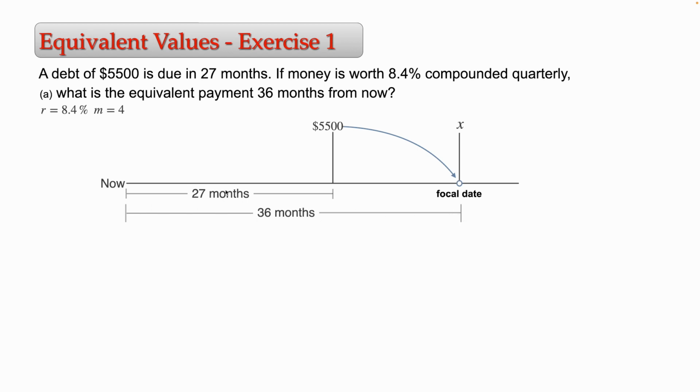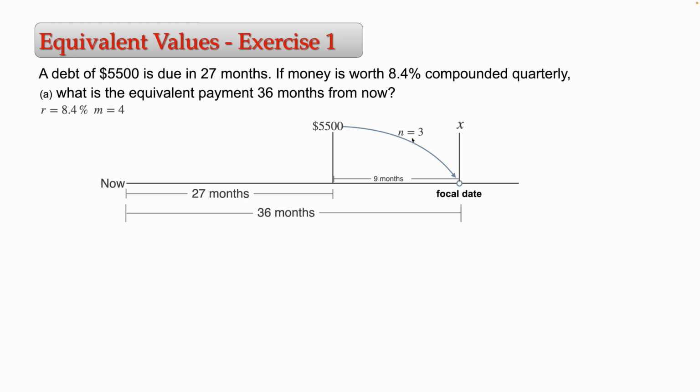So 36 minus 27 gives me this time here: 9 months. Because we need to know how many compound periods are in the formula of the future value, we need to find how many quarters are in 9 months. Every quarter is 3 months, by the way. So there are 3 quarters, so n equal 3.